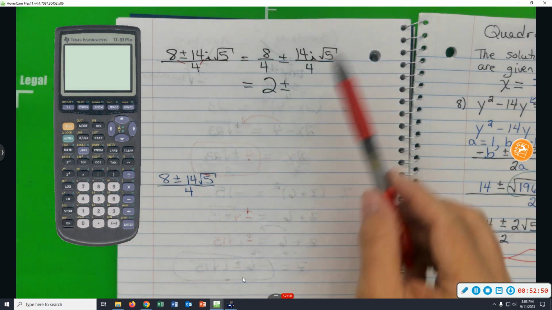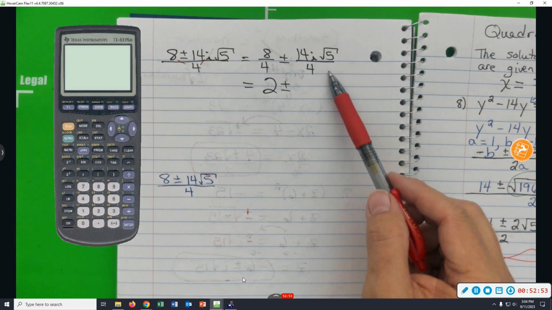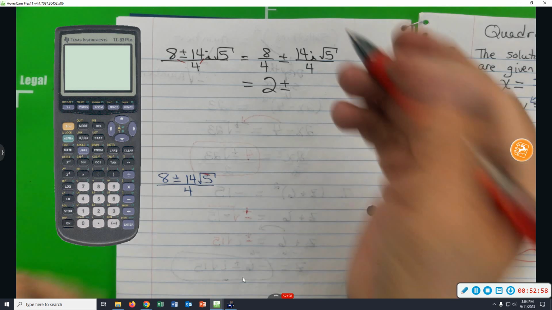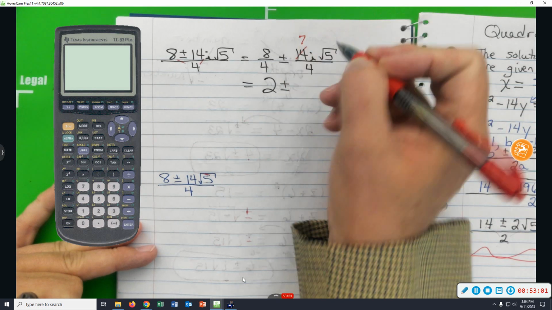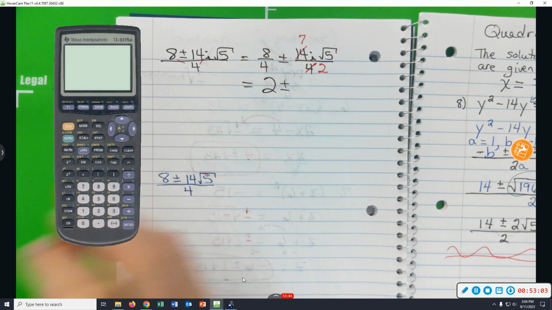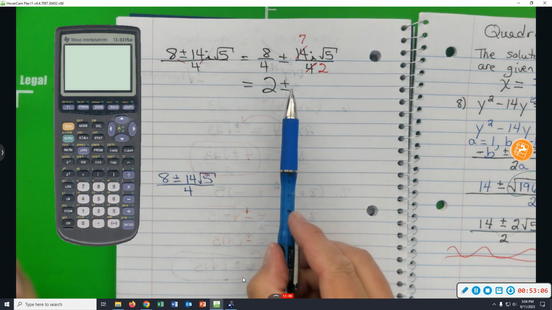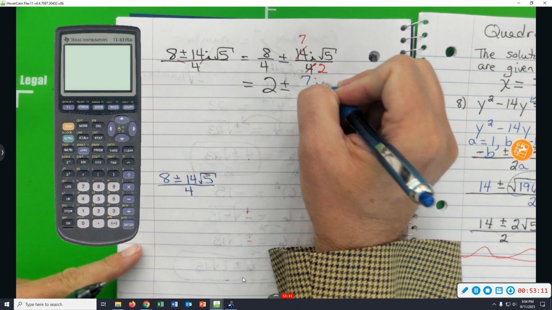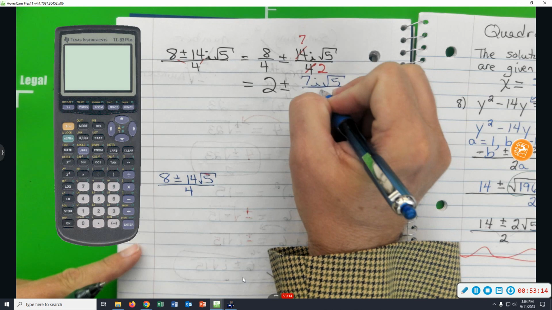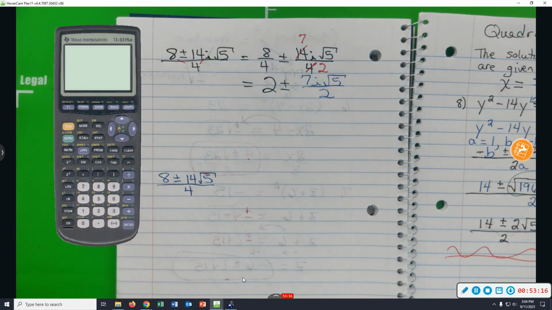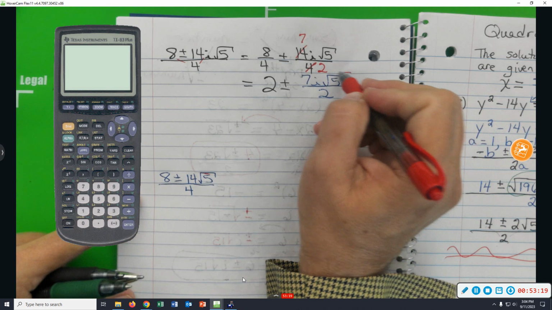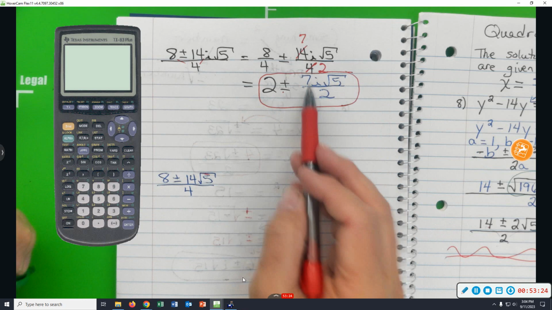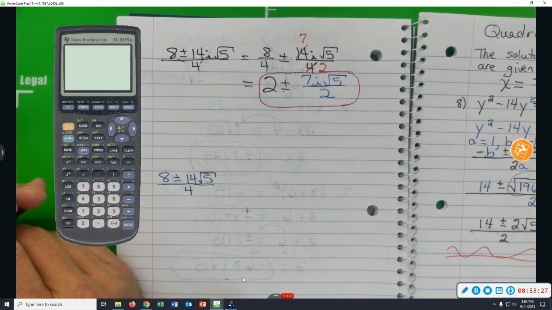What can we cancel here? 14 fourths. Both of those are divisible by 2. 14 divided by 2 is 7. 4 divided by 2 is 2. So we have the integer 2 plus or minus 7i square roots of 5 all over 2. And for a complex answer, this is what they want: a plus or minus the i term. Any questions on my logic there?